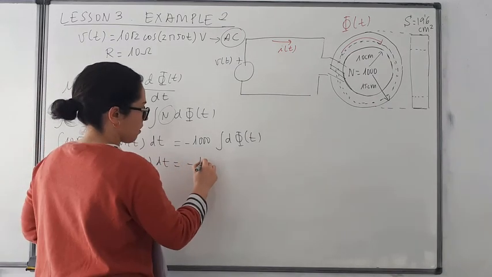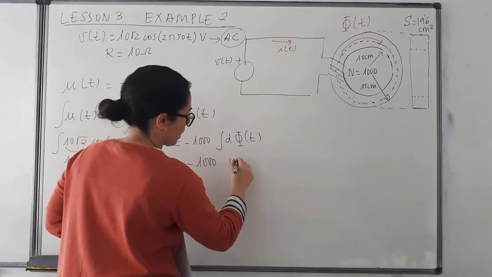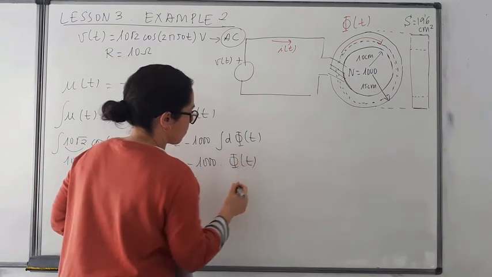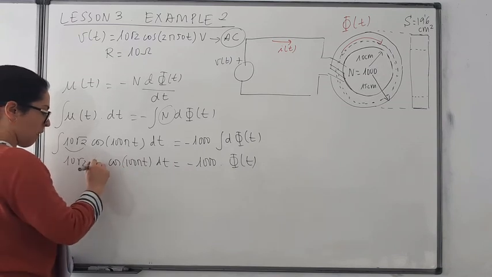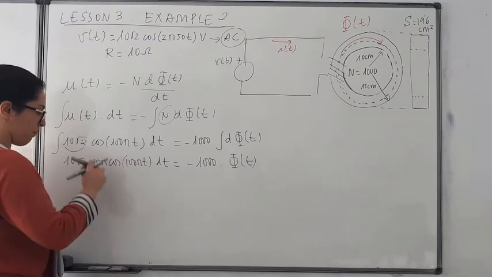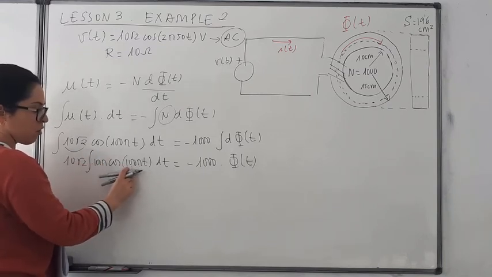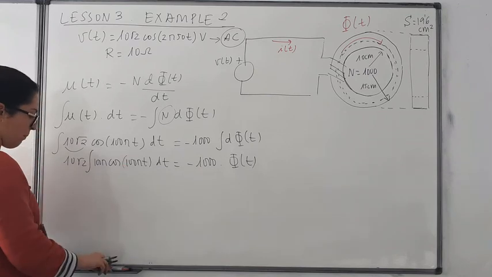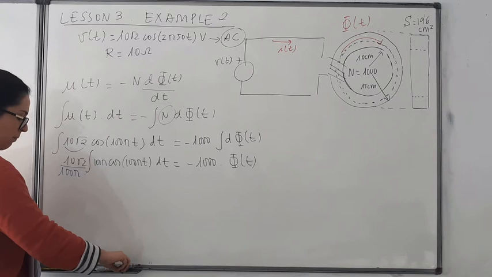On the other side of the equation, the integral of the differential of magnetic flux is directly the magnetic flux. You need to have here in the integral 100 pi, okay, because it is what you have in the argument of the cosine. So here you need to divide by 100 pi.